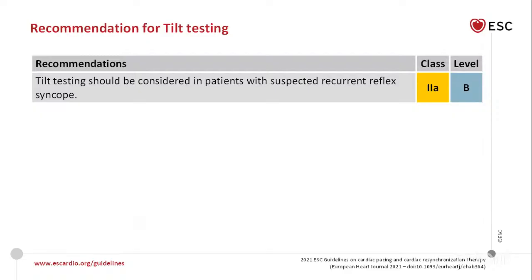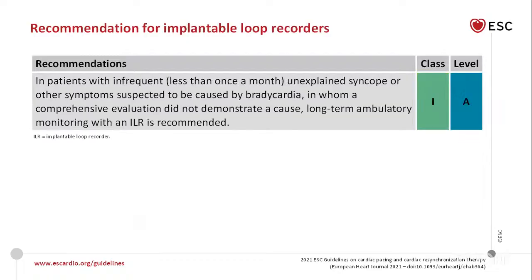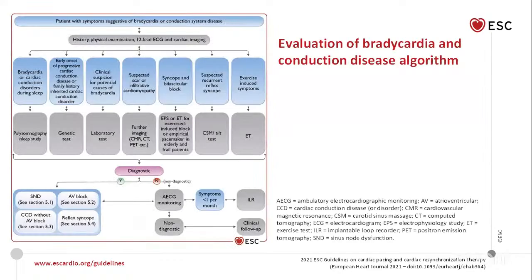So these patients might also need tilt table testing, for you to be able to rule out neurocardiogenic syncope and orthostatic hypotension in them. And we've talked about the loop recorder when you have infrequent symptoms, and putting everything together.